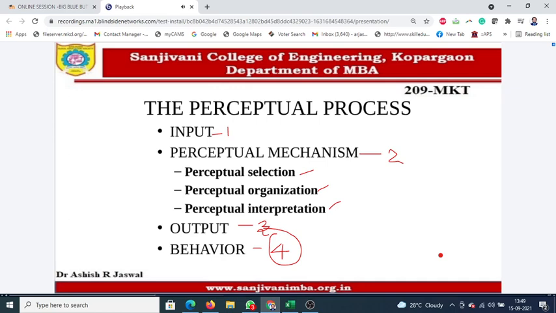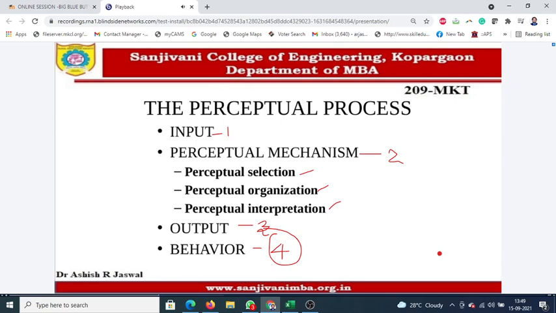As I said, when is the perception process going to start? The answer would be, it is going to start when a person is exposed to a stimulus. And the sensory receptors, all five sensory receptors, either or all receptors report the same to the human body.